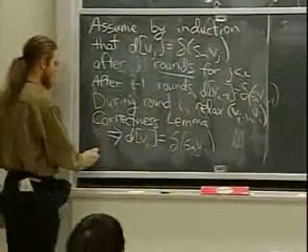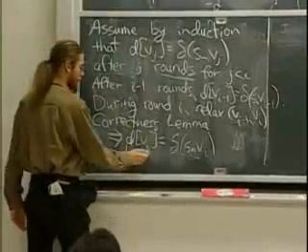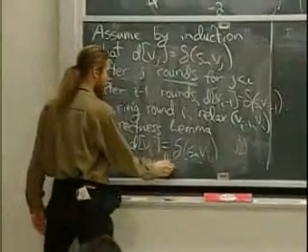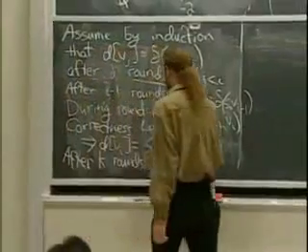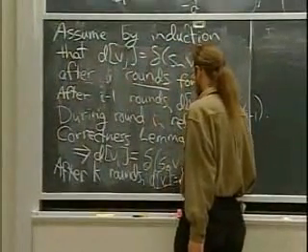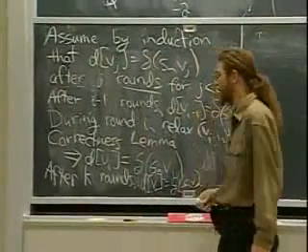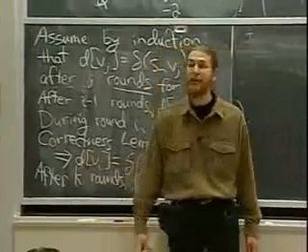So this means after k rounds, we have the right answer for Vk, which is V. So the only question is, how big could k be?